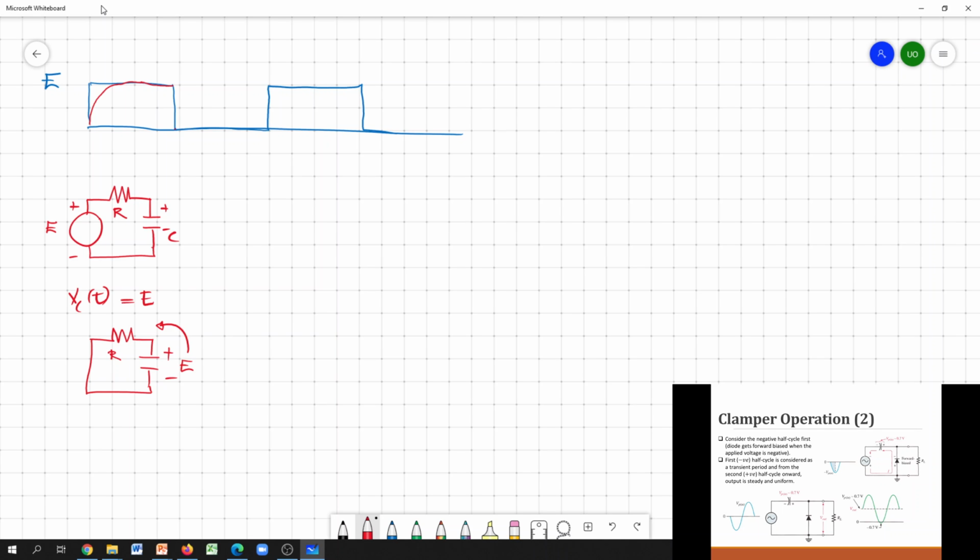After a certain time it got charged to E voltage, and then we remove the source from the circuit. At that time the capacitor is charged up to E voltage, meaning it is carrying a certain amount of charge. Once you remove the source, whatever stored energy is inside this capacitor simply discharges through the resistive part. From here onwards it's discharging.